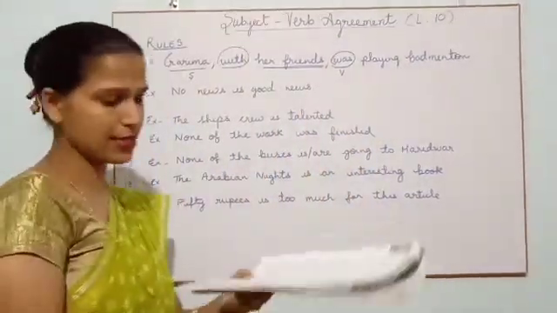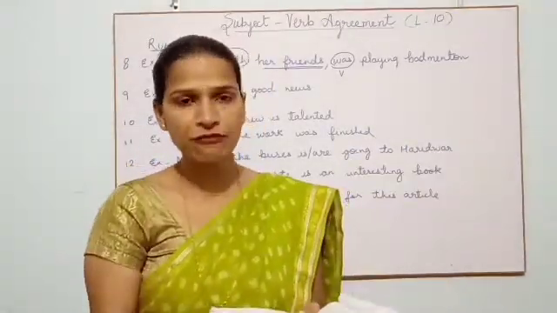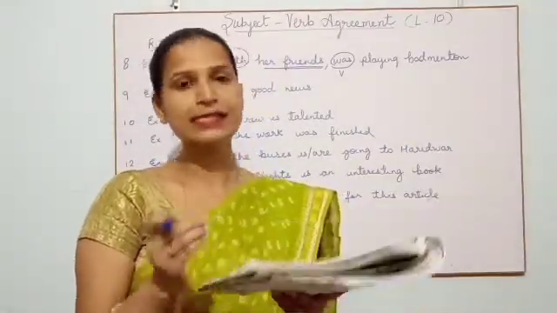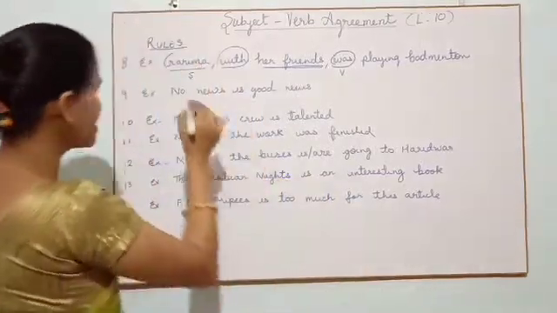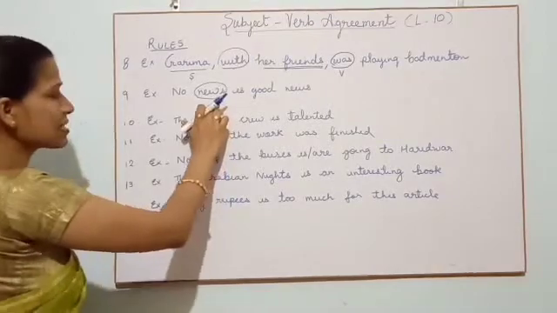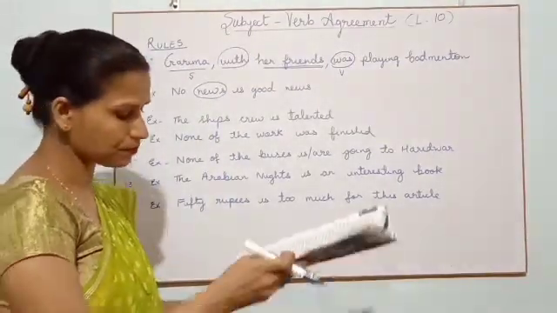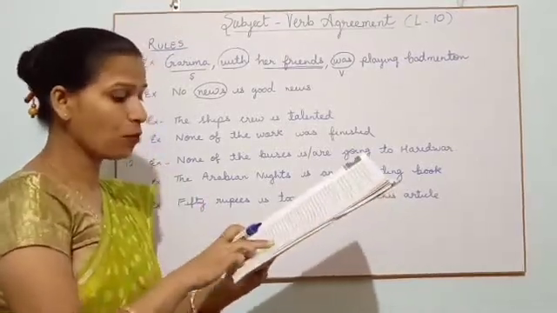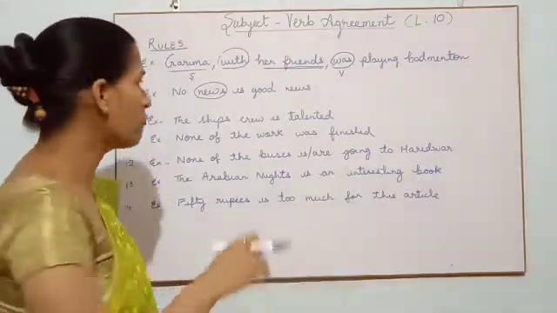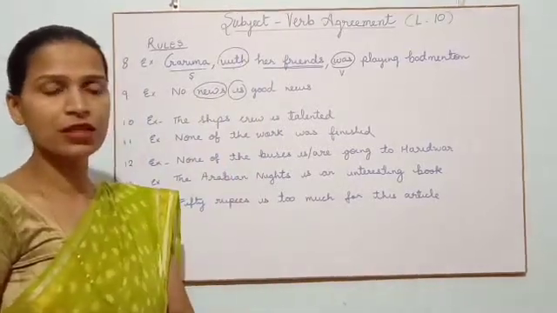The 9th rule says, some nouns which are plural in form but singular in meaning. As we can see the word news. It looks as if this is plural, but we know that its meaning is singular. Then what will we take? We will take a singular verb with it. We never use news are.